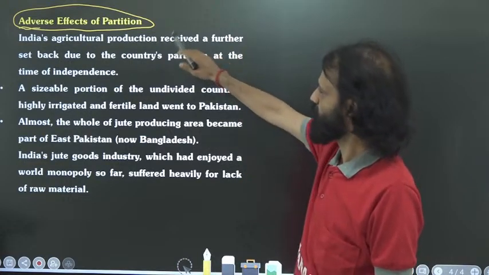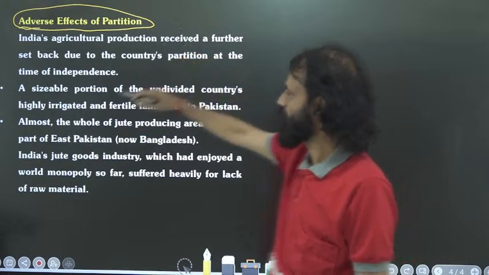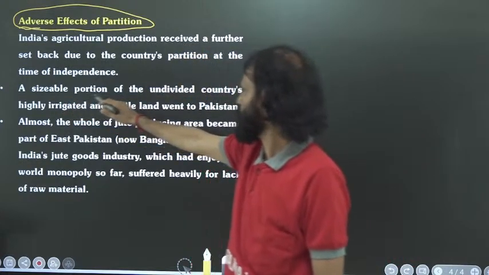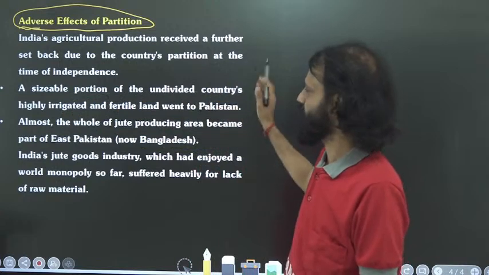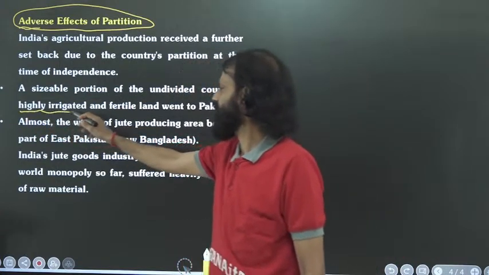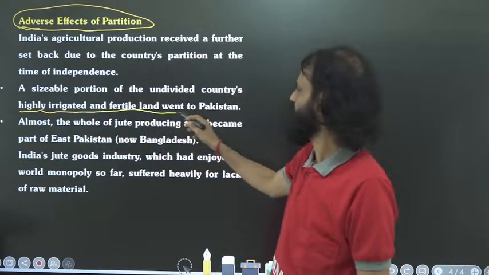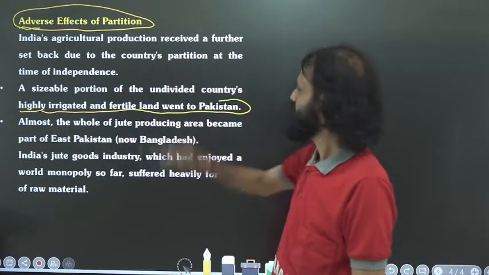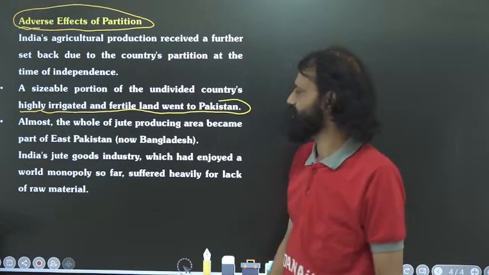So only because of this partition, what happened? The major portion of the undivided country's highly irrigated and fertile land went to Pakistan. Still that area is with Pakistan.